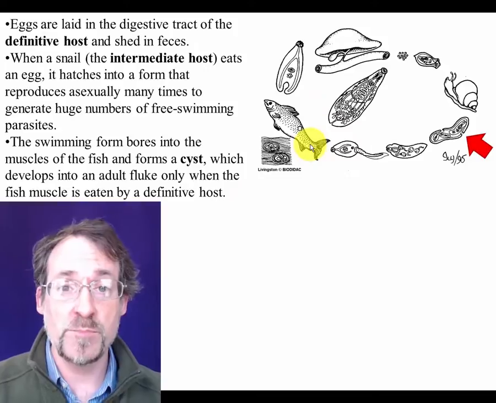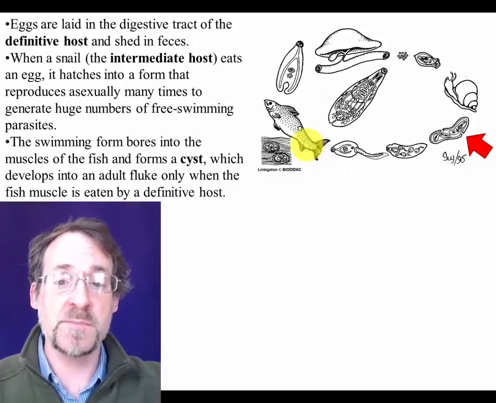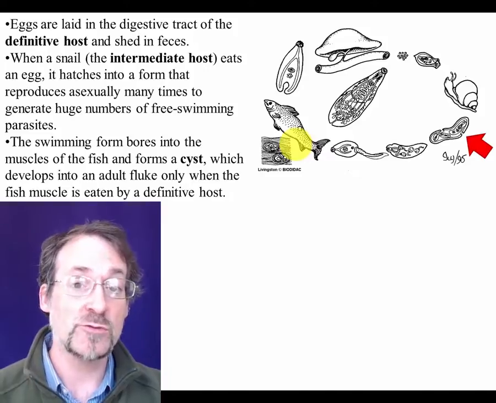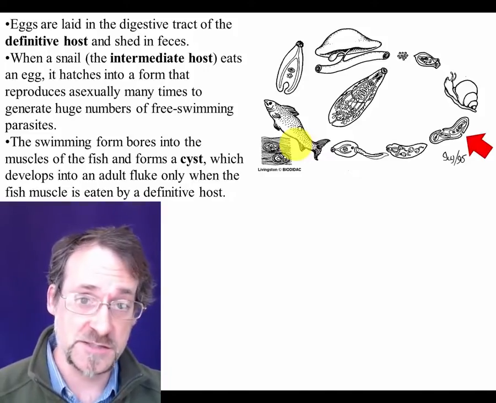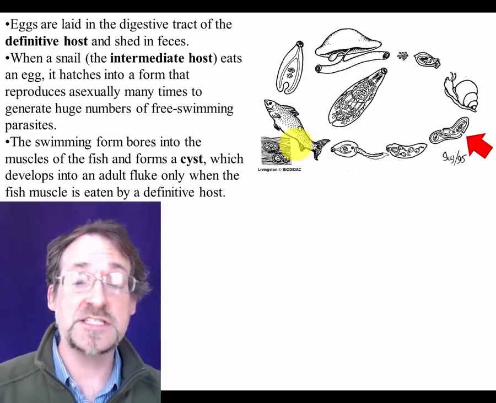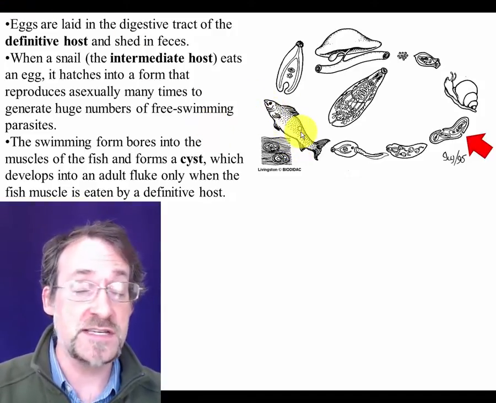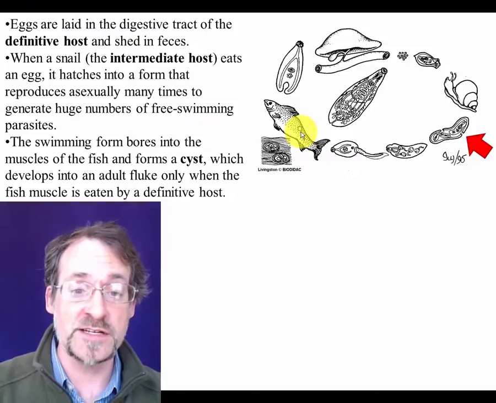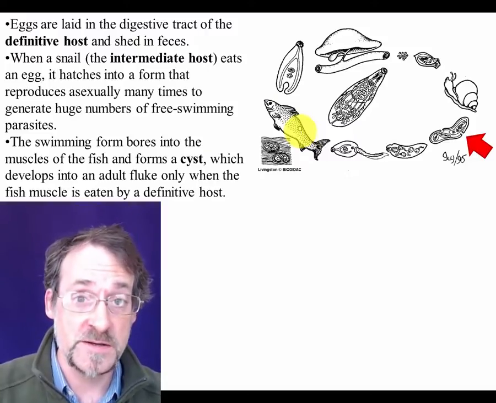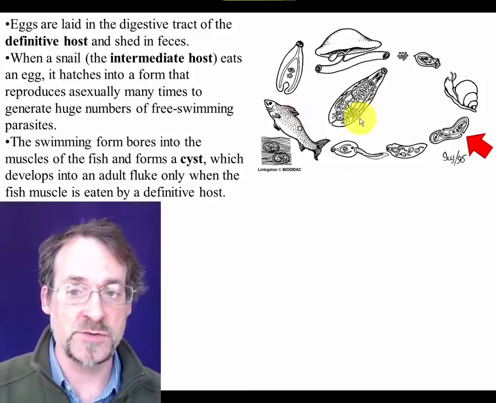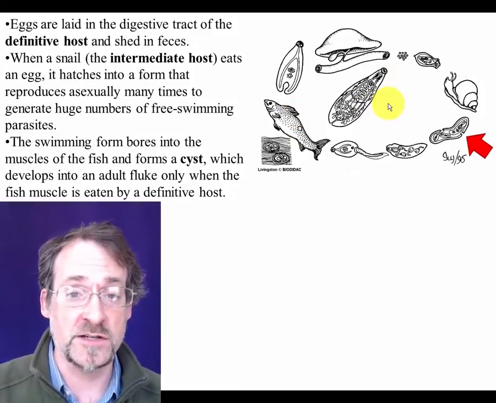When they find one, they bore through its side into its muscle tissue, and there they curl up in the muscle and form a resting stage that's called a cyst. That cyst just sits there in the muscle of the fish until the fish is eaten by the vertebrate that is the definitive host. At that point, the cyst essentially hatches out and develops into an adult fluke, and that starts the cycle all over again.